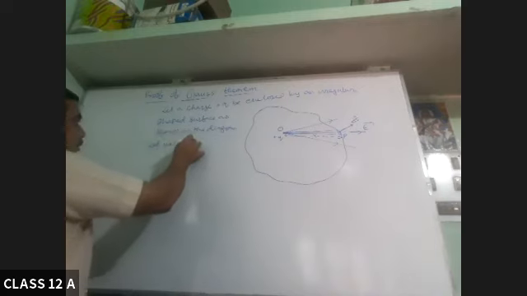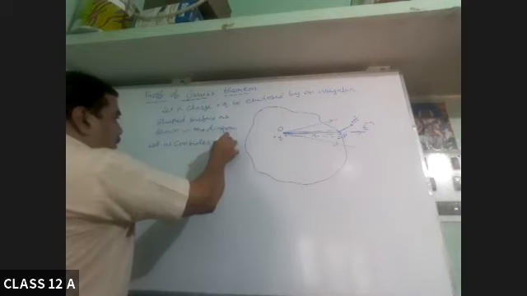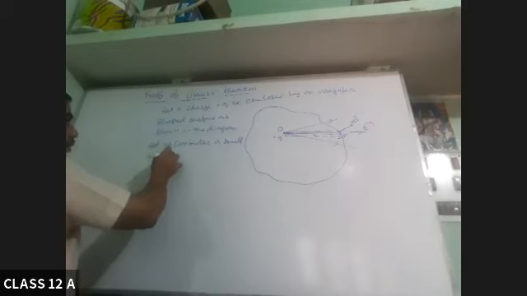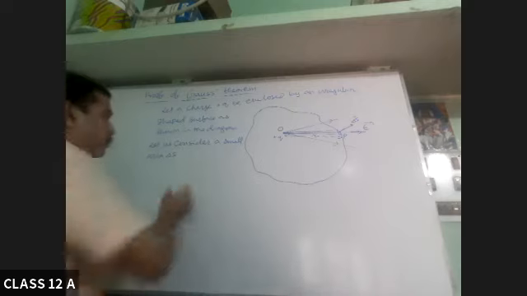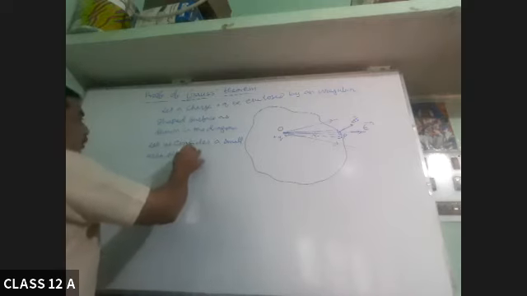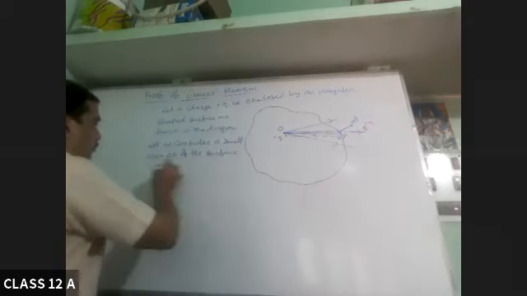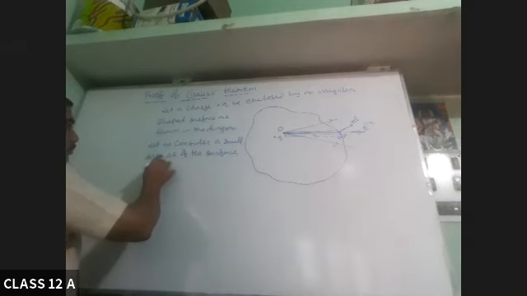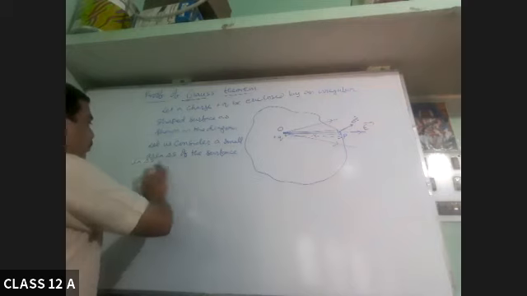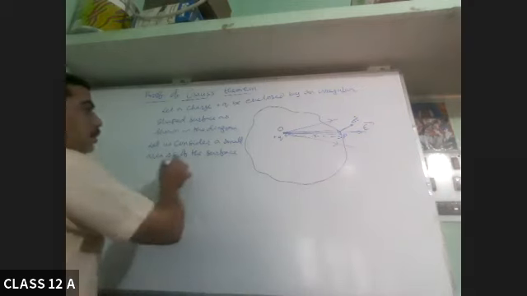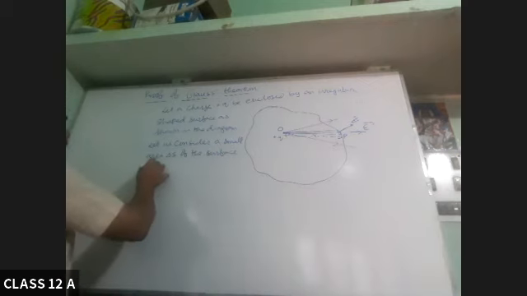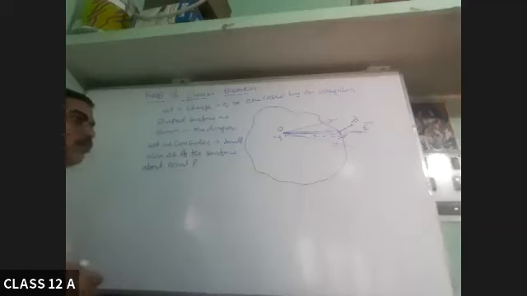So let us consider a small area delta S. Let us consider a small area delta S of the surface about point P, or around point P, whatever you may say.